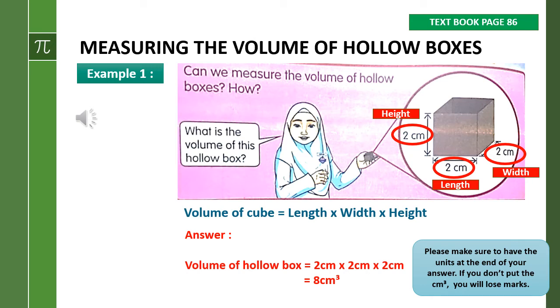You have to write down volume of hollow box equals 2 centimeter times 2 centimeter times 2 centimeter. The answer is 8 cubic centimeter. So make sure to have the units at the end of your answer. If you don't put the cubic centimeter, you will lose marks.